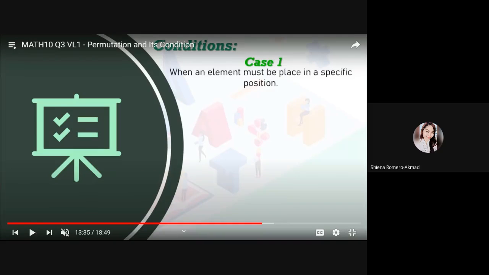For case number 1, it is a condition if an element must be placed in a specific position. For example, Sheena wants to be on the right side. Another example is that Bobby wants to be the first student, or must be the first student in the lineup. So that is our case 1.